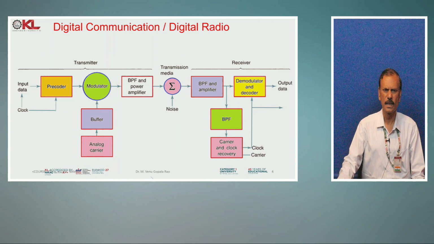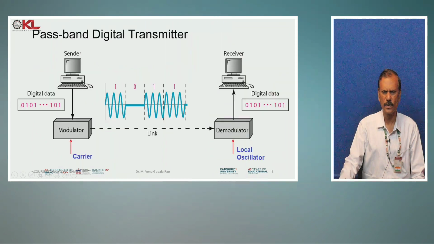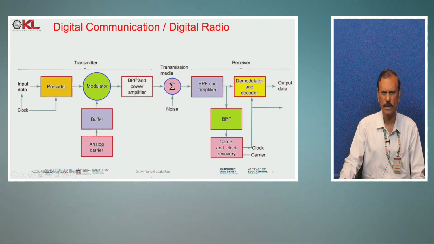Now we are going to study digital communication, or simply digital radio. It is an elaborated version of the passband digital transmitter. The first step is the precoder, whose input is digital data.